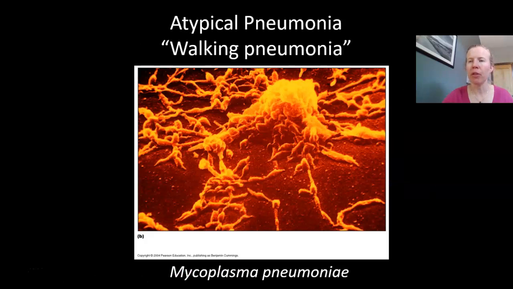There's also, if you guys have heard of walking pneumonia or maybe had walking pneumonia, this is considered an atypical pneumonia. Different causative organisms, Mycoplasma pneumoniae is the really common one. This is pretty common in college settings, people living in close quarters, not near as severe, right?